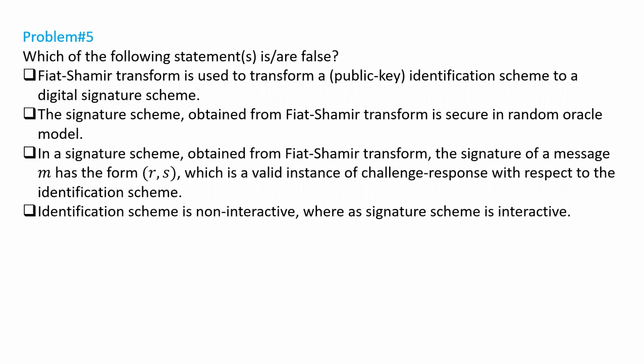Fiat-Shamir transform works in such a way that the prover, or we should say the signer in the digital signature scheme, runs one instance of the identification protocol to generate a valid transcript of the identification protocol on its own.